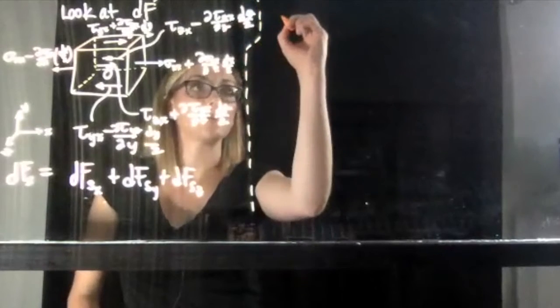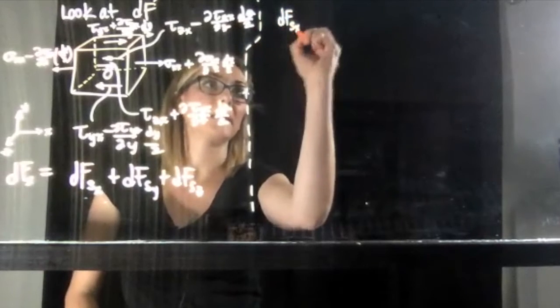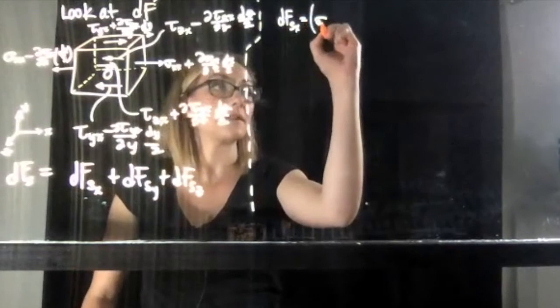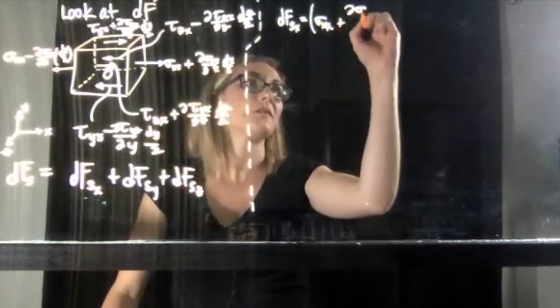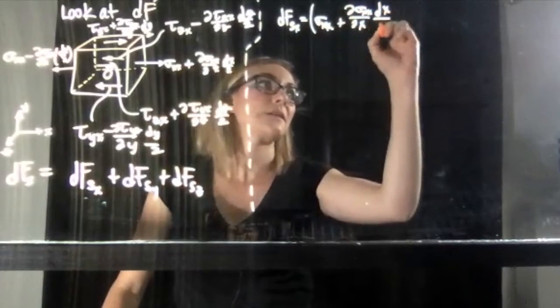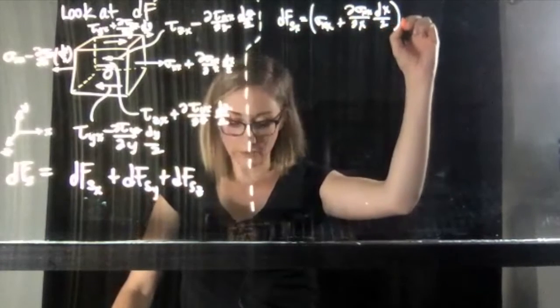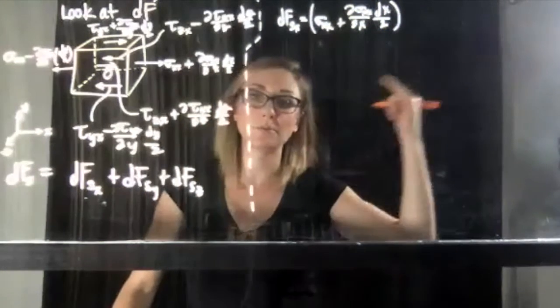to make this abundantly clear where I'm working, dFs in the x direction is, we've got our sigma xx plus partial of sigma xx dx times dx over 2. And of course, this is a stress and we want a force, so we need to multiply by the area.